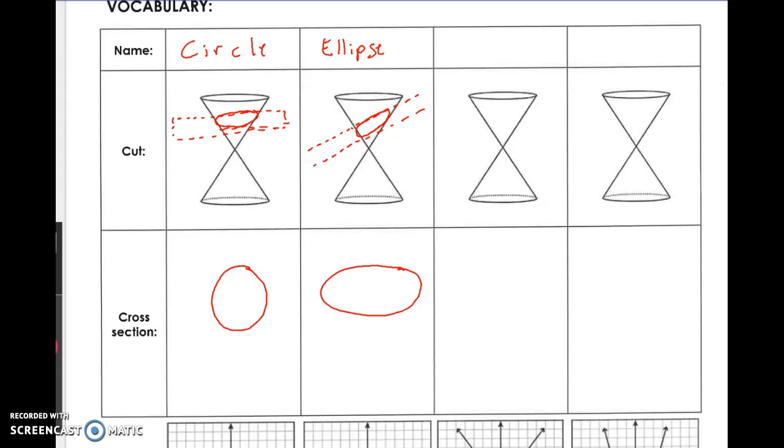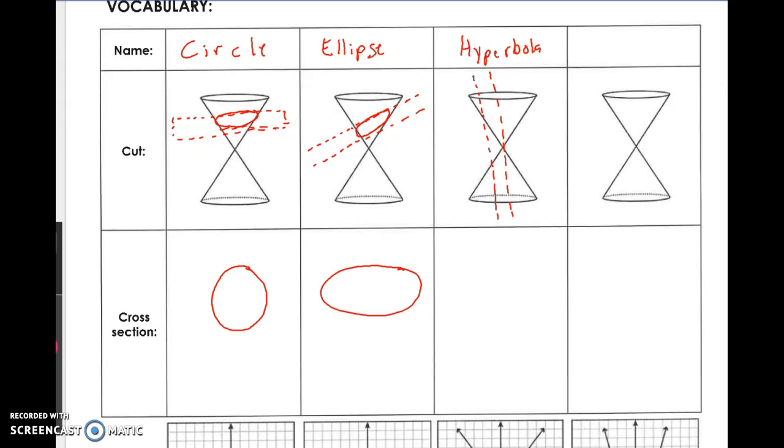The next one we tend to get is called a hyperbola. You get that shape if the plane is cutting through the cones and hits both cones. That's a little hard to draw, but imagine that you've got something like this going on, something like this going on, and it's hitting both of them.